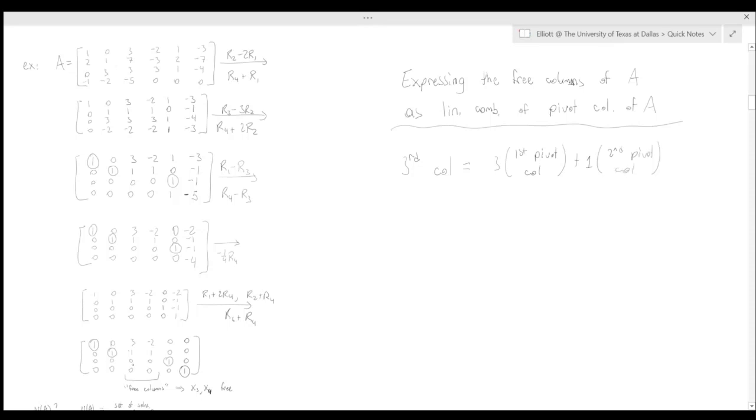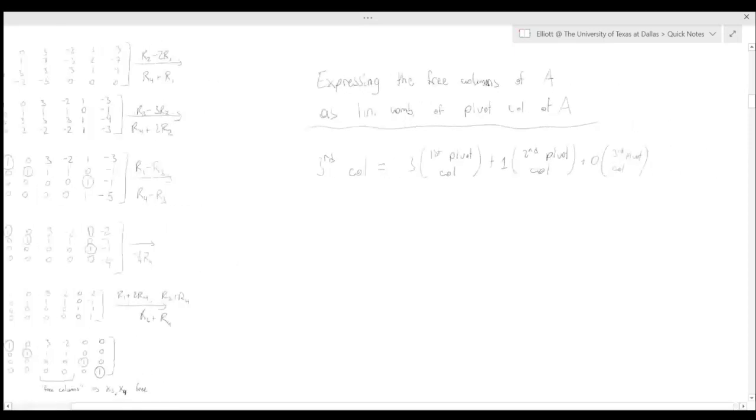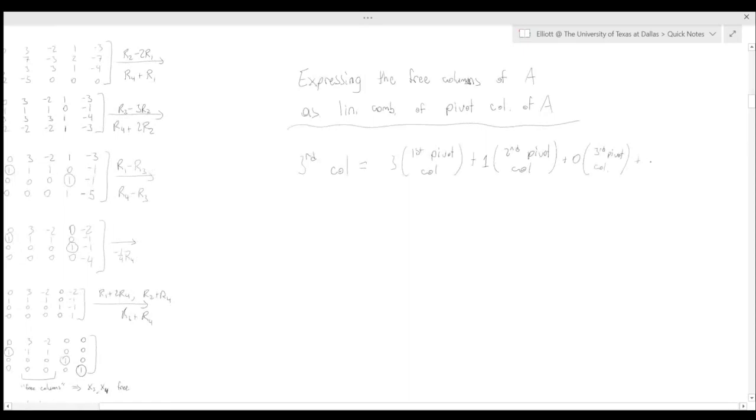And then plus 0 times the third pivot column, and plus 0 times the fourth pivot column. So I'll just real quickly write this one out.